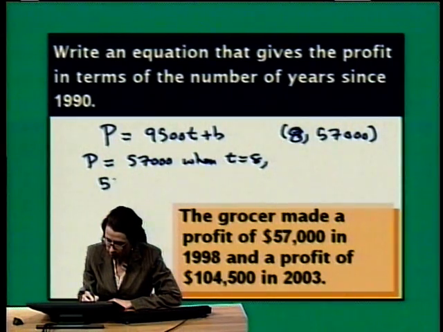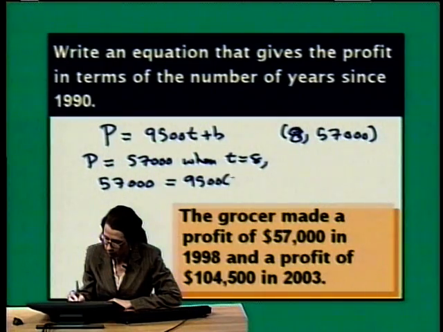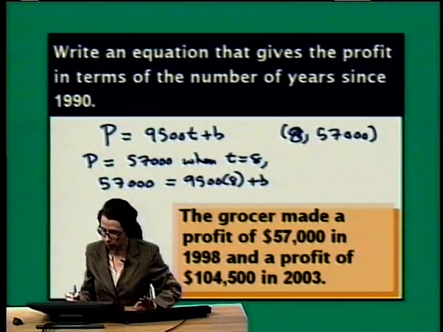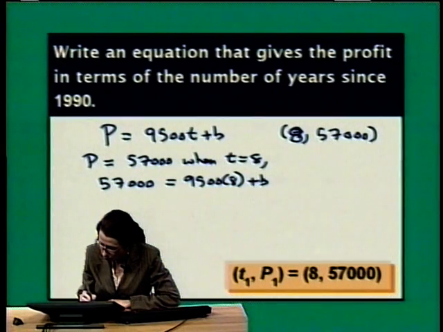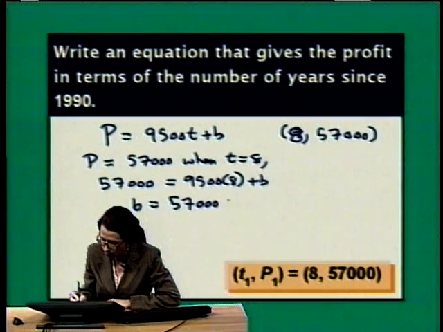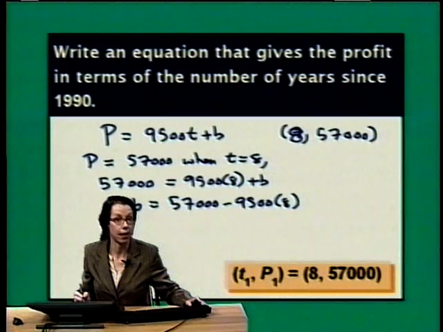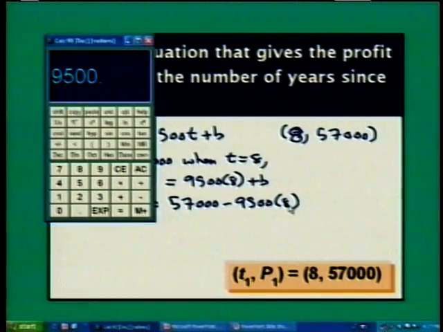So I have 57,000 equals 9,500 times 8 plus B. Let's make some room. So I know that B equals 57,000 minus 9,500 times 8. Let's calculate that value. 57,000 minus 9,500 times 8 is negative 19,000.